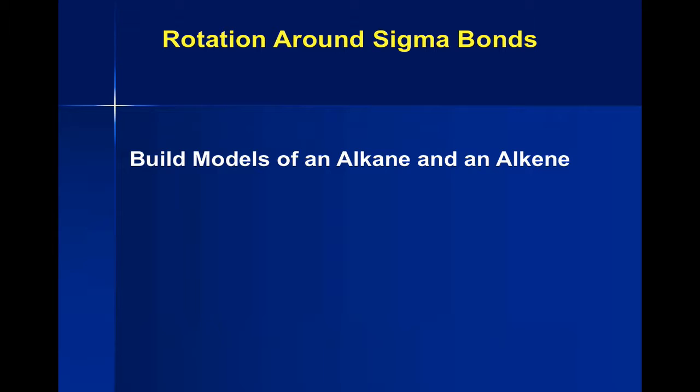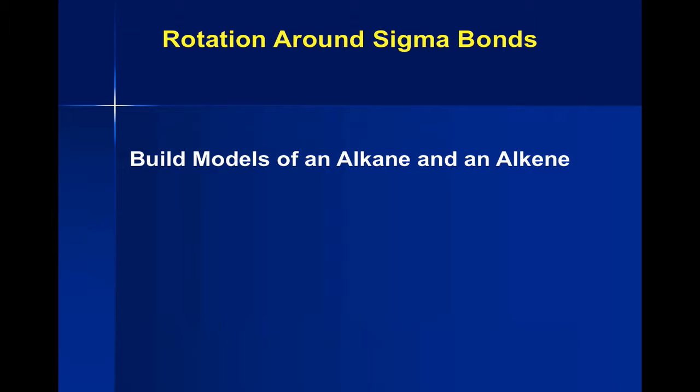Now, take your trans-2-butene molecule and try to rotate around that carbon-carbon double bond. So what can I rotate around in the 2-butene? I can rotate around the sigma bonds, right?